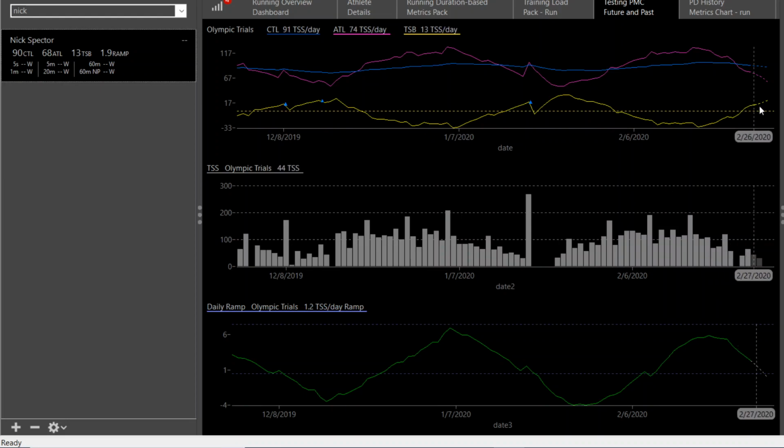So in this case, on race day, we're projected to a 22 TSB, which is the best of his entire marathon sequence here. And finally, I'm able to get him into a negative ramp rate for 1 day, which is a pretty good taper.